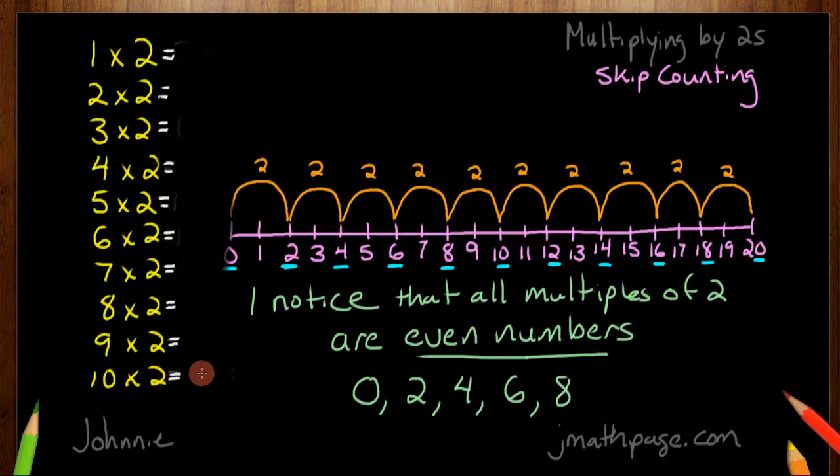Let's go through them one more time. Using our number line here, we can see 0, 2, 4, 6, 8, 10, 12, 14, 16, 18, 20. We see a pattern.